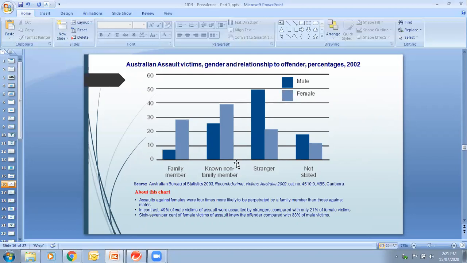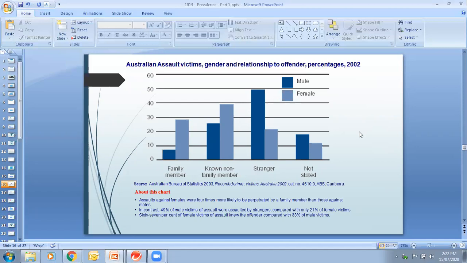So females are much more at risk of being assaulted by someone that they know, whereas males are much more at risk of being assaulted by someone that they don't know. Now, we've got to differentiate this from homicide. Homicide is more to do with people that are known to you, whereas assault is more from strangers. Okay, so this has held true till today.